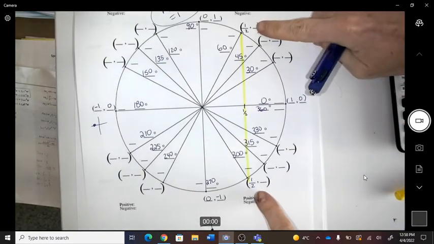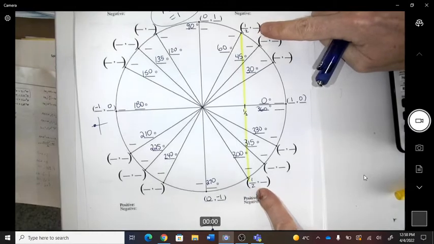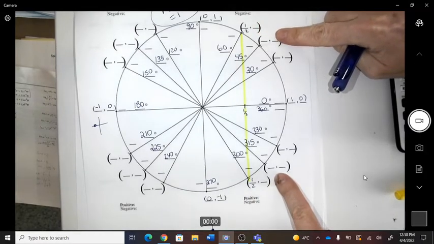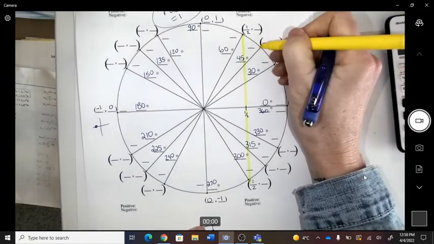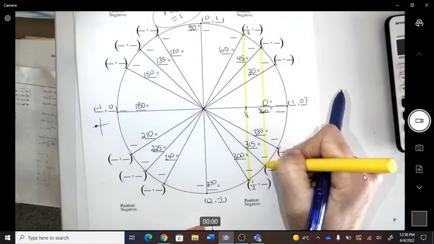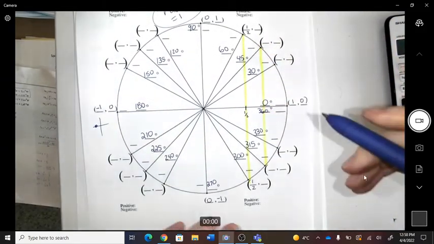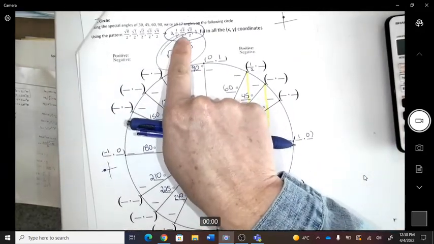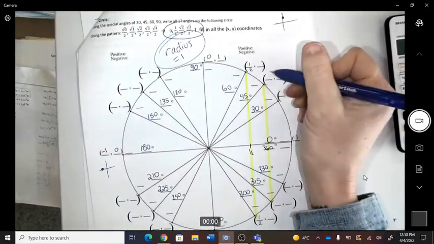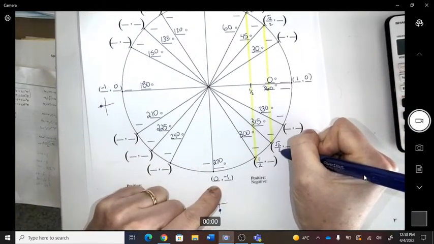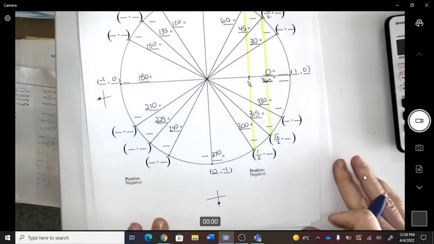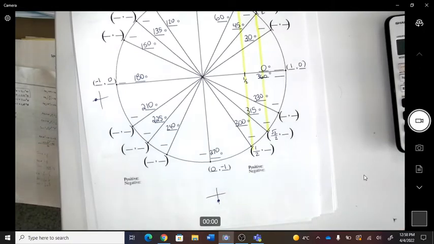Ready? I'm going to move more to the right. These two have the same x value. So what's the next bigger? Root 2 over 2, which as a decimal is like 0.7-ish.